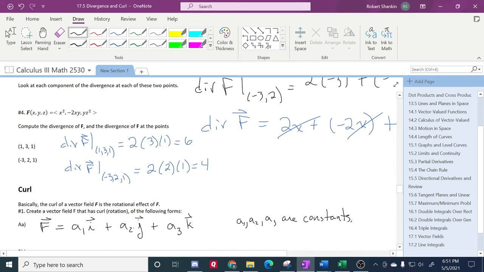So, create a vector field F that has curl or rotation that has that form. Okay, group 1, were you able to do that?